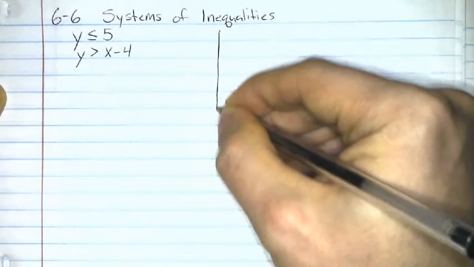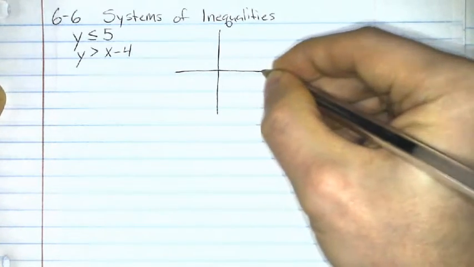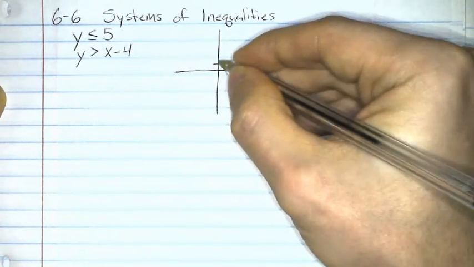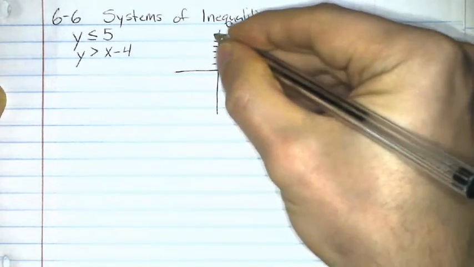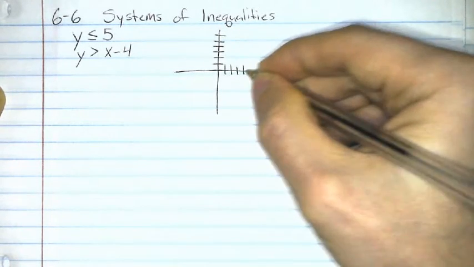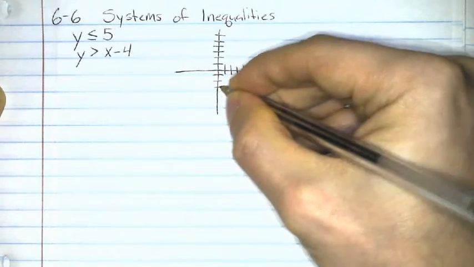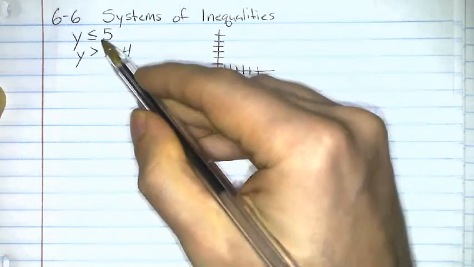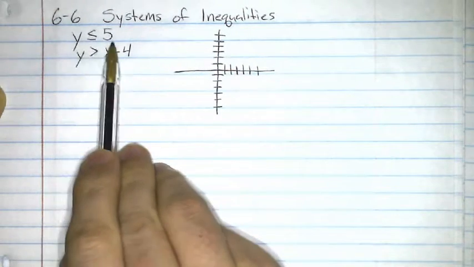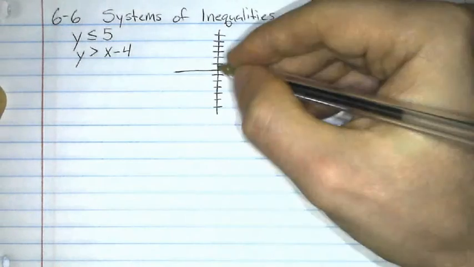So these ones are already set up with y isolated, which is great, makes it nice and easy to graph. Okay, so right here, I have y less than or equal to 5.